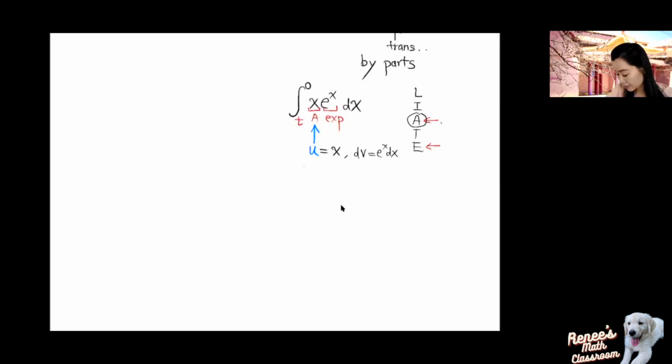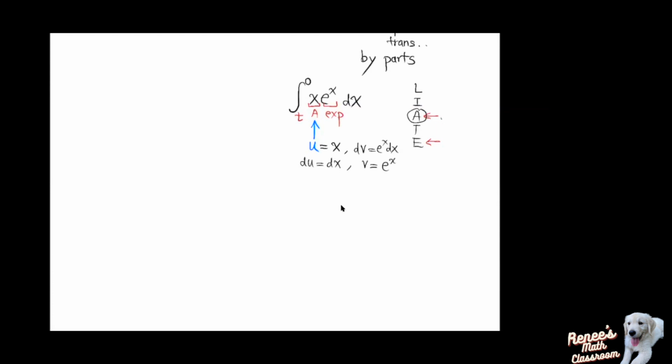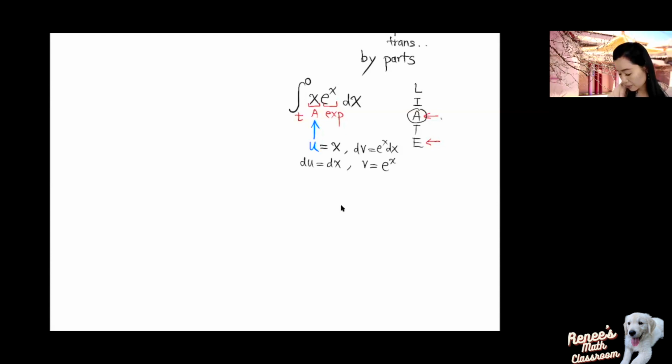So du is dx, and v is what? e to the x. So using integration by parts, this is going to be uv, so it will be x e to the x. Remember this is a definite integral, so we put down the lower and upper limits here. And then minus the integral of v du.